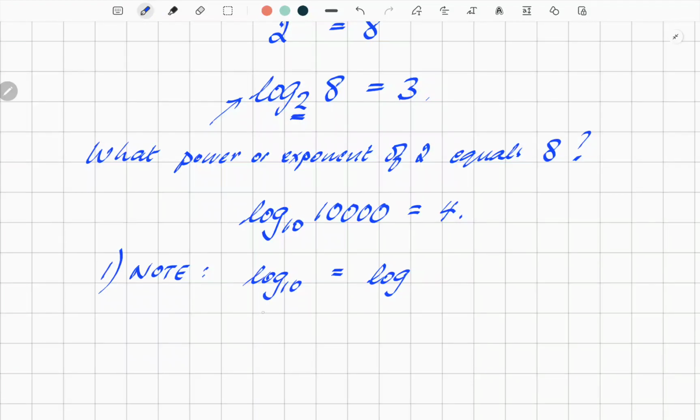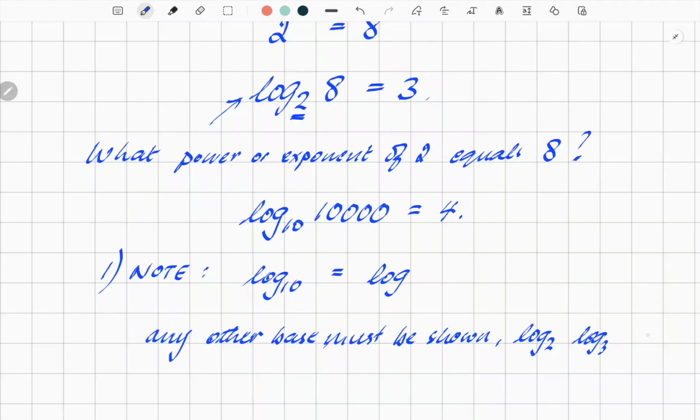Any other base, you have to write, let's say, must be shown. All right, it has to be specified. So for example, log 2, log 3, etc. So anything other than base 10, okay? Log on its own is base 10.